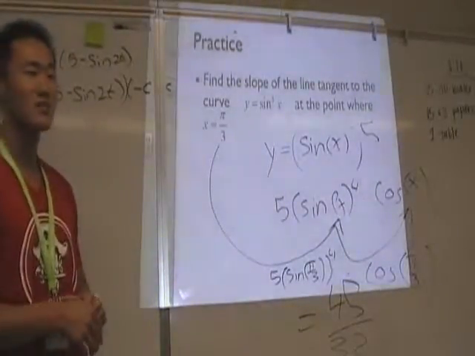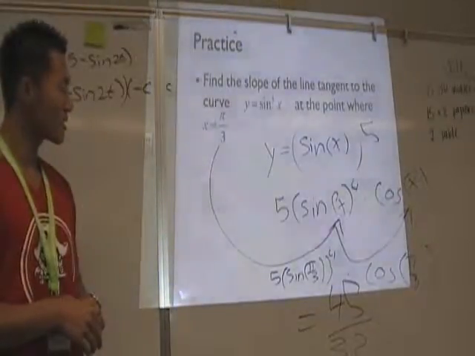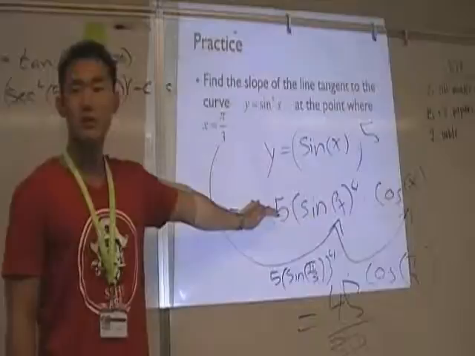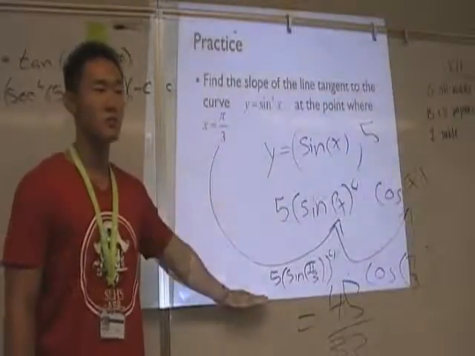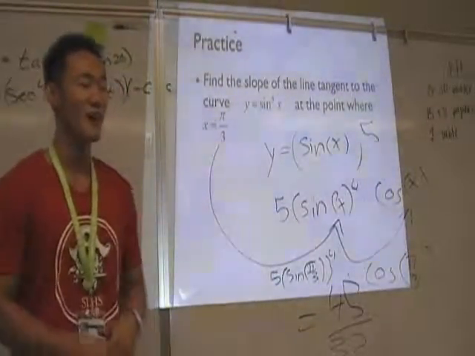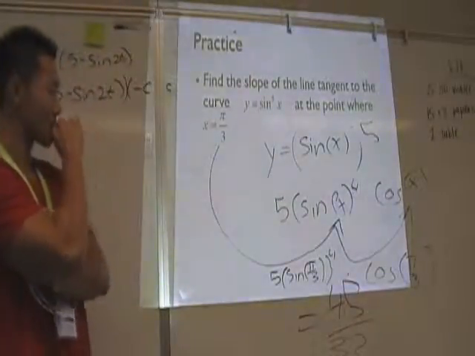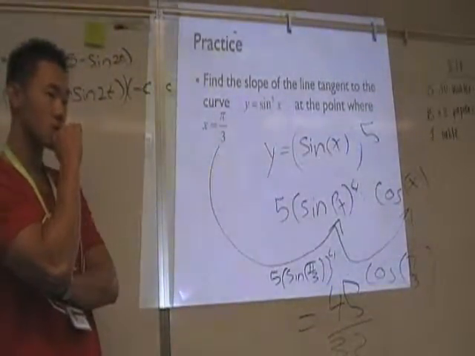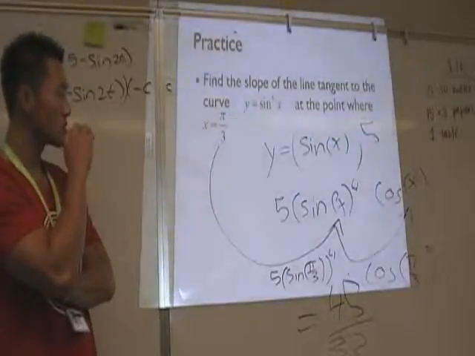Alright, any questions there? This right here is the important part, and then this is also important. The power of 4, is that all over the sine or just the x? All over the sine.